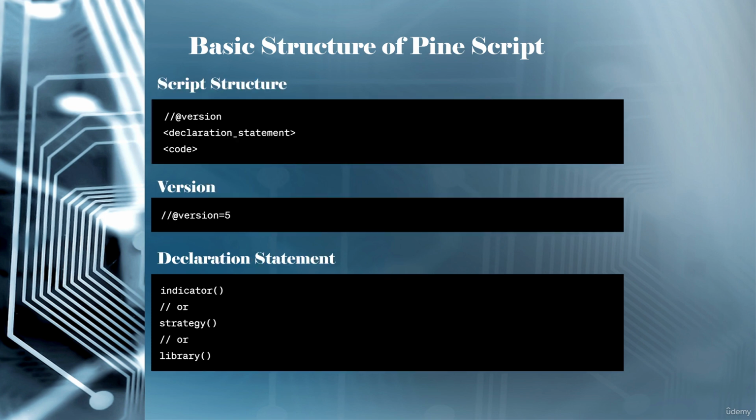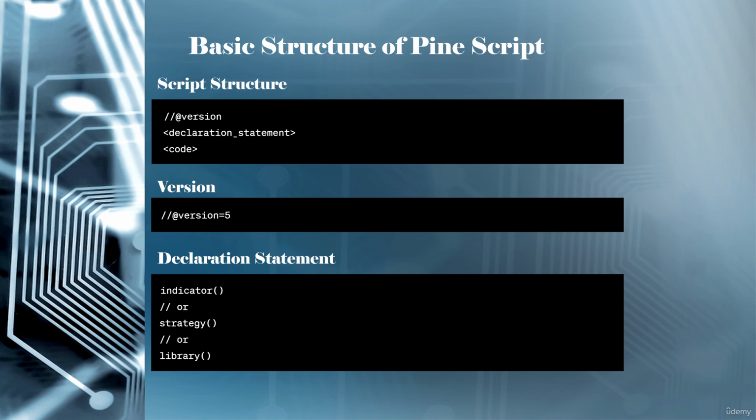Pine Script is a programming language designed for creating custom indicators, strategies, and libraries on the TradingView platform. To harness its power, it's crucial to grasp the fundamental structure, versioning, declaration statements, code implementation, comments, line wrapping, and compiler annotations.